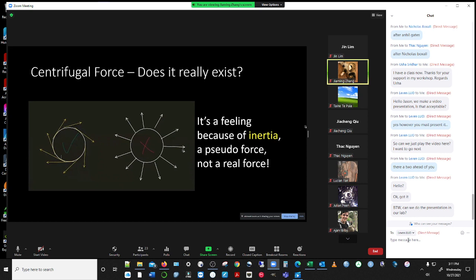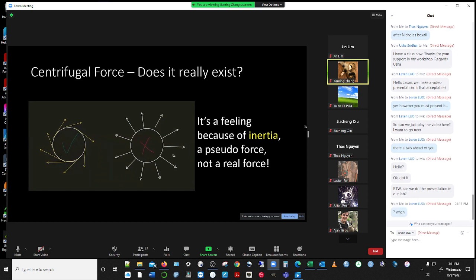But why do we have this feeling of centrifugal force? In circular movements, the forces are sort of pointing out from this circle, but it's not really pointing out from the circle in a straight line.